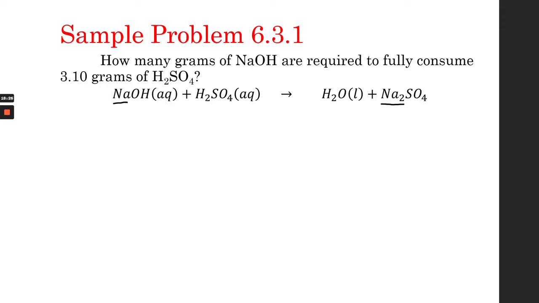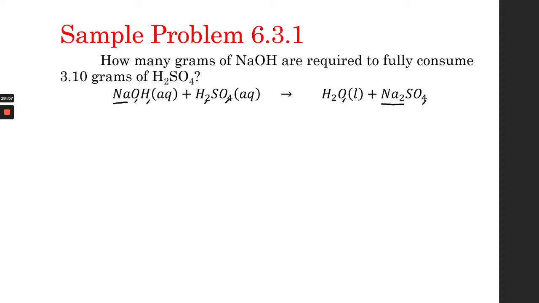Next, let's see how many atoms of oxygen we have. We have 5 atoms of oxygen in our reactants, and here we have 5 atoms of oxygen in our product. So the oxygens are balanced. As for hydrogen, here we have 1 atom of hydrogen plus 2 atoms of hydrogen, so we have 3 atoms of hydrogen in our reactants.